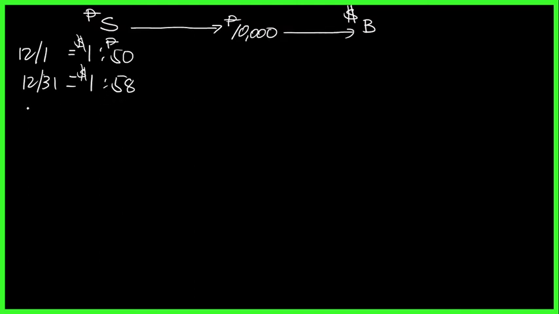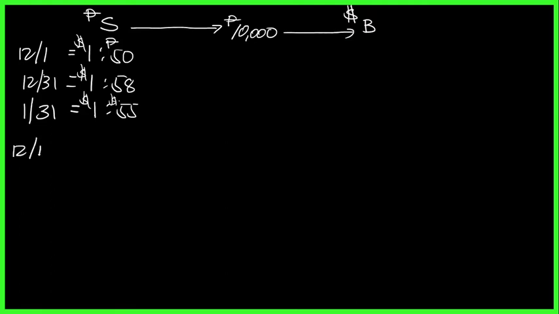And then let's assume that this transaction will be paid or collected on, let's say, January 31, where the exchange rate is $1 is to 55 pesos. So what are our journal entries?